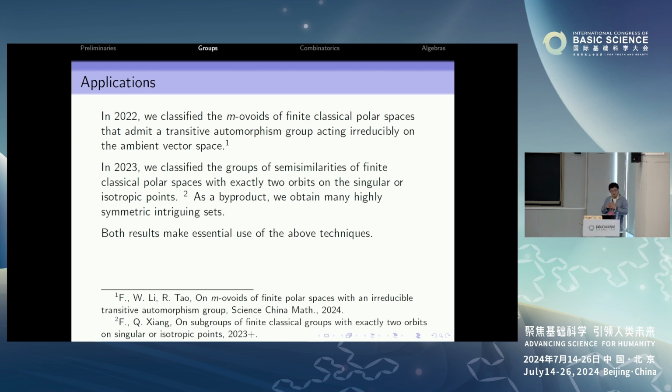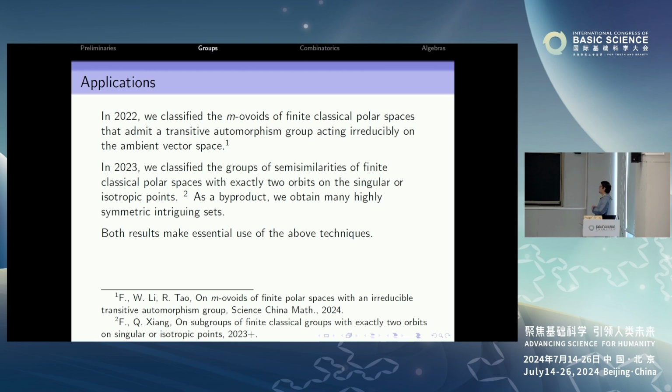So as an application, we classify the ovoids of a finite classical polar space that admit a transitive automorphism group acting irreducibly on the ambient vector space. And then last year, we classified the subgroups of similarities of finite classical polar spaces with exactly two orbits on the singular or isotropic points.